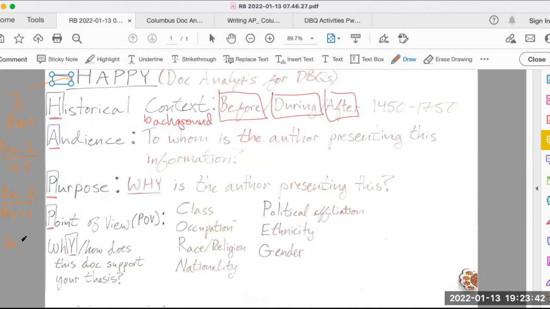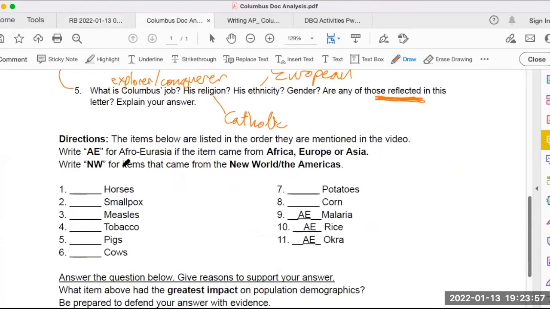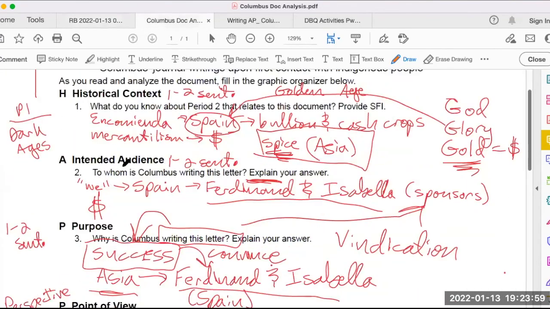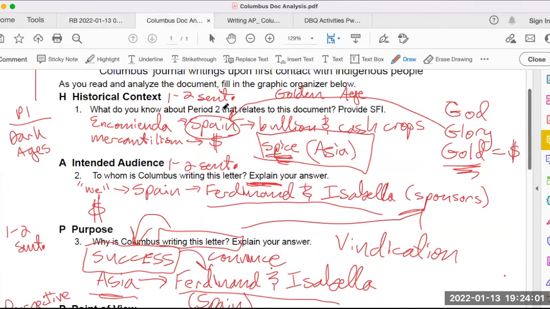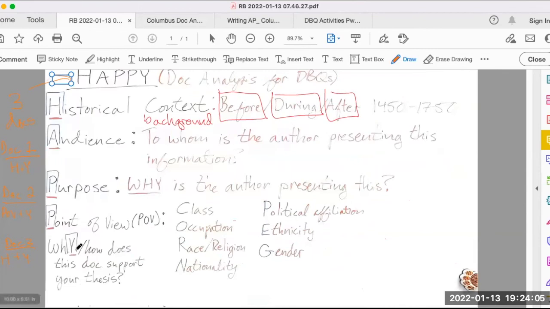And document 3, let's say I want to do H again, and why or how does this support your thesis? That would all qualify for the point, so long as I answer the question of what do you know about the context of this document, and then I say why or how this supports my claim.